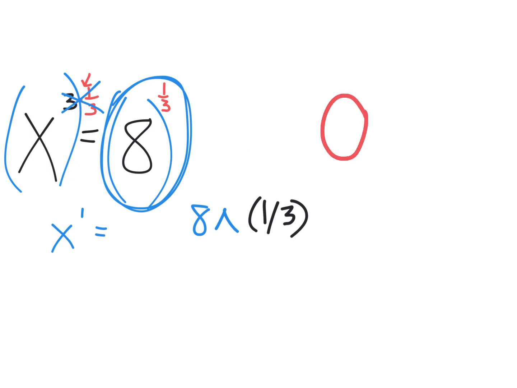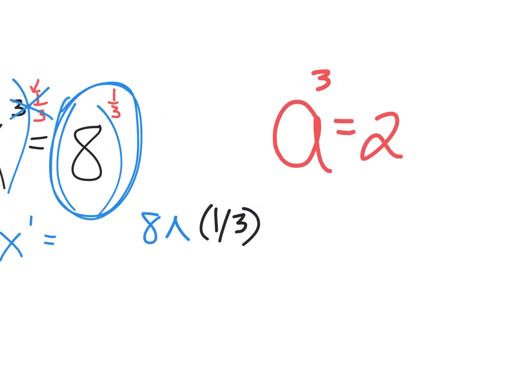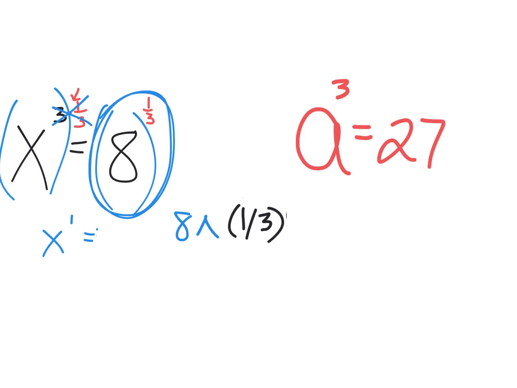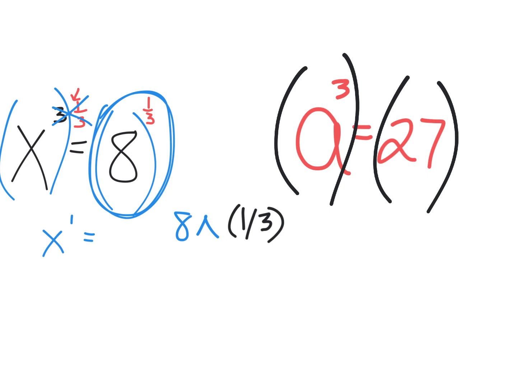So what's a to the 3rd equals 27? What would you do to both sides? Ian, what are you going to do to both sides?